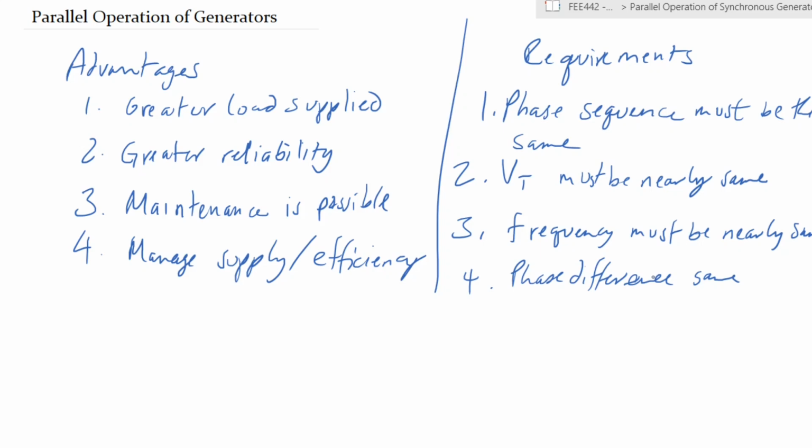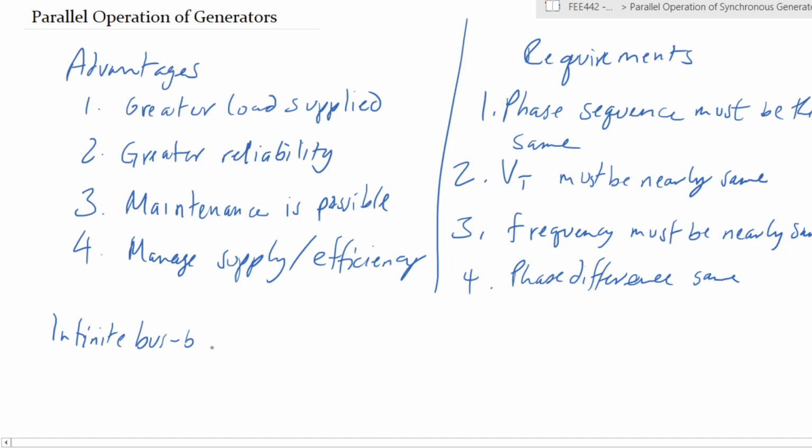At this point, it would be useful to remind you of the concept of an infinite bus bar. This is defined as a three-phase supply with a constant voltage and frequency, regardless of the loads that are exchanged.